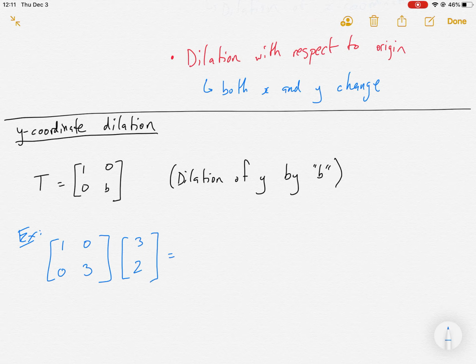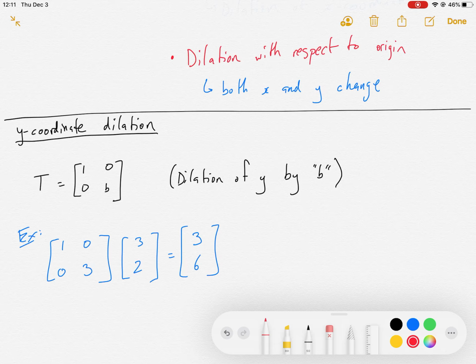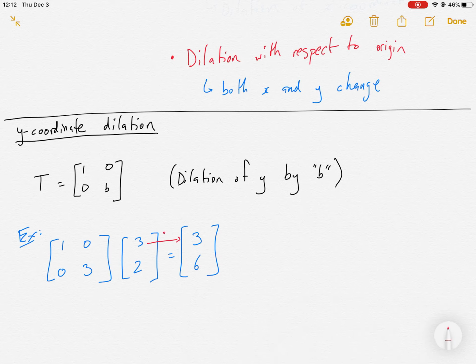vector (3, 2), notice that the first term is going to be 1 times 3 plus 0 times 2. So I'm just going to have a 3 there. The x doesn't actually change. And then it'll be 0 times 3 plus 3 times 2. So the next one's going to be 6. So notice how the x value is the same, and the y value got multiplied by 3.